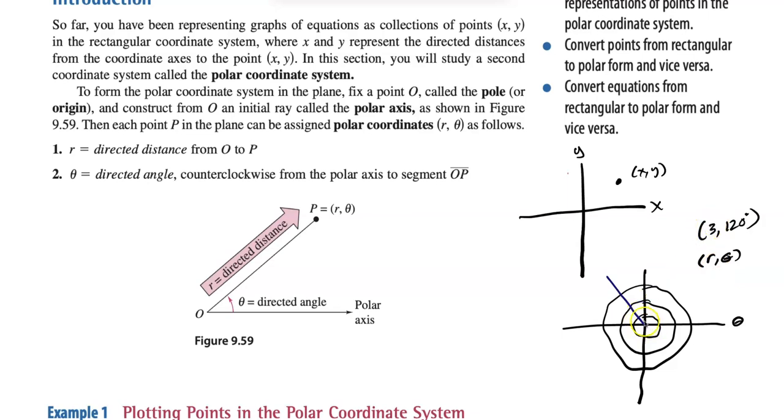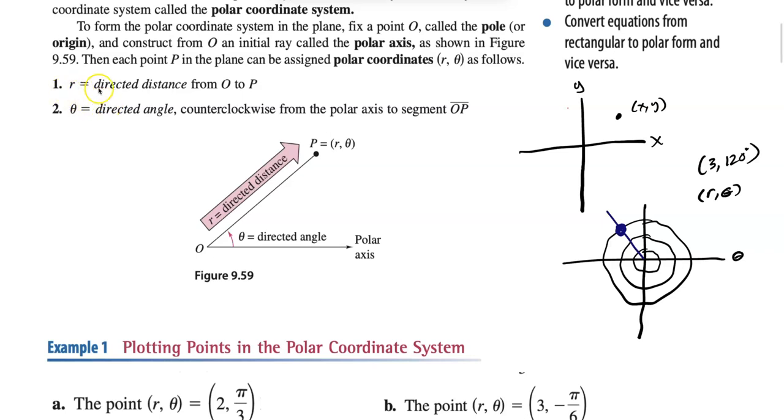The radius is 3, so we go out 3 from that spot. So 1, 2, 3. So that would be 3 and 120. So it's the radius, which radius you go to, and the theta, what angle you go to. R is the directed distance, what radius you go, and theta is the directed angle. So how much of an angle do you want? And we're going to do R, theta.